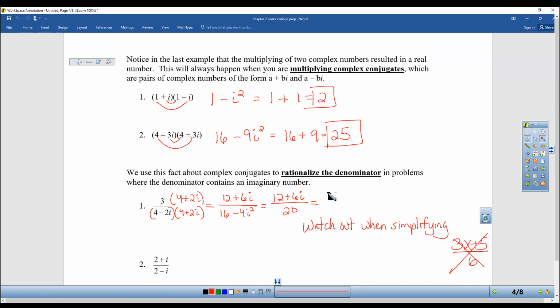If you want to reduce this, the safest thing to do is to put it into two separate fractions. And then 12 over 20 dividing by 4 would be 3/5. And 6 over 20 dividing by 2 would be 3i over 10.